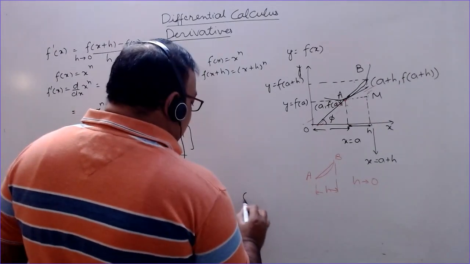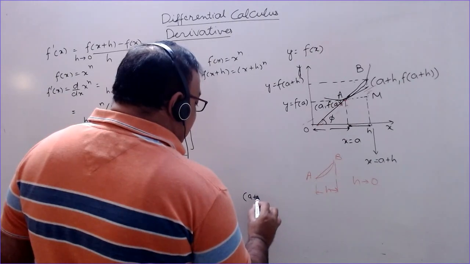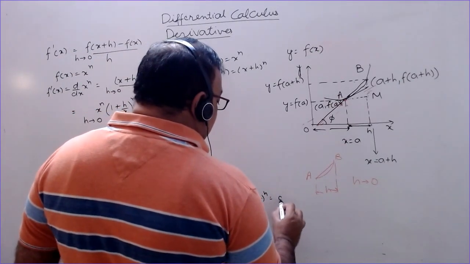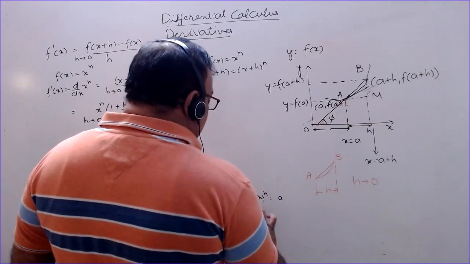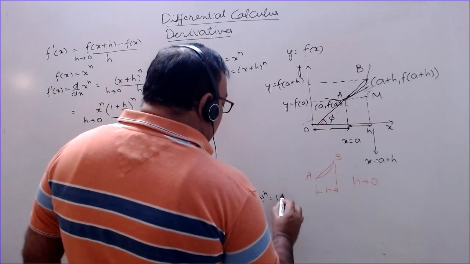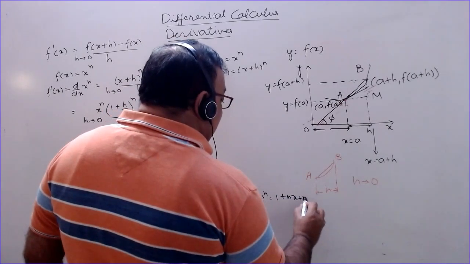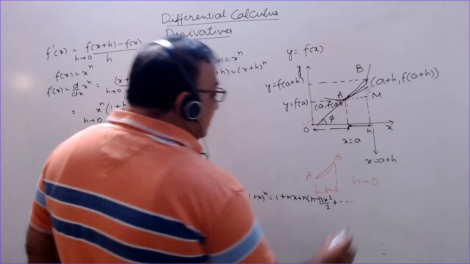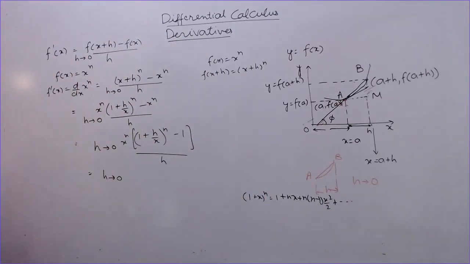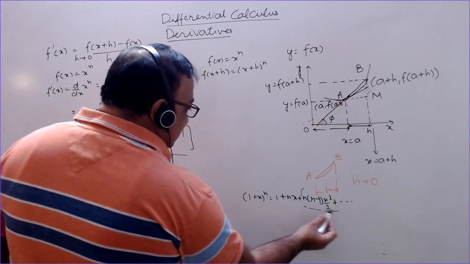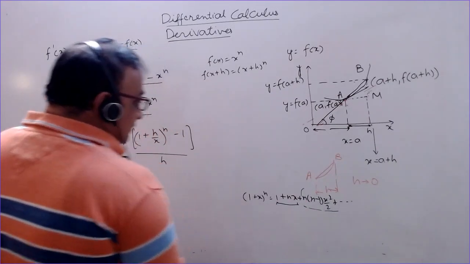if you expand (a plus x) raised to the power n, then in place of a I will write 1, because here we have 1. So this is 1 plus nx plus n(n minus 1)x squared by 2 and other higher terms. If the value of h is small, leaving these higher terms, we will be getting these two terms.